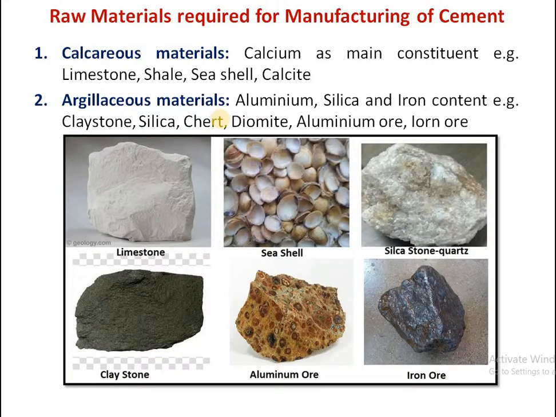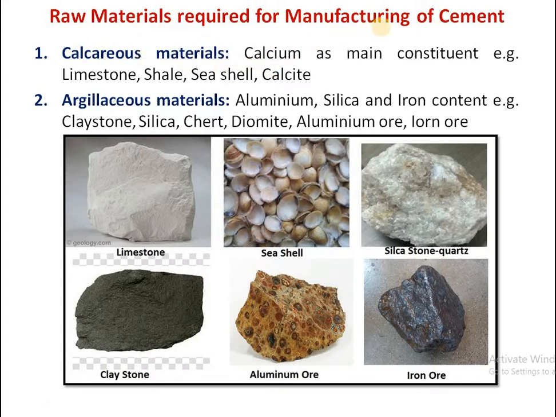Basically, for manufacturing of cement, two types of raw materials are required, that are calcareous materials and argillaceous materials. Calcareous materials are those materials which contain calcium as the main constituent. It means that a maximum amount of calcium is present in calcareous materials.